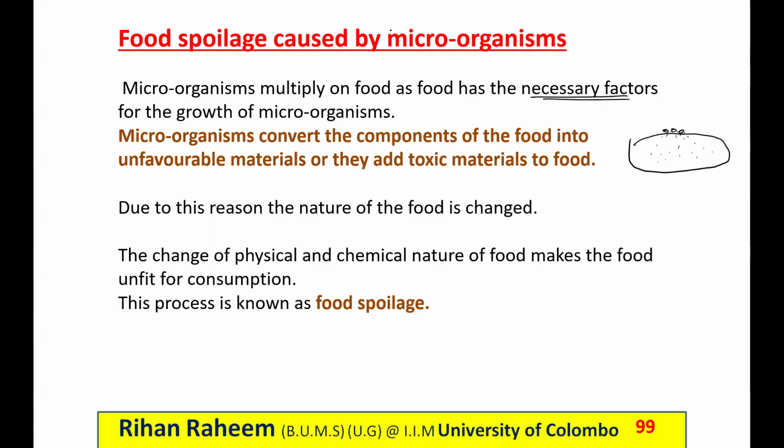So microorganisms convert the components of the food into unfavorable material, or they add toxic material to the food. So why don't we consume food on which microorganisms grow? You can cut this part and eat. No. When they are consuming this food, they add some chemicals.